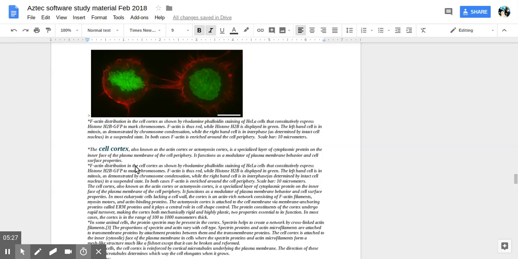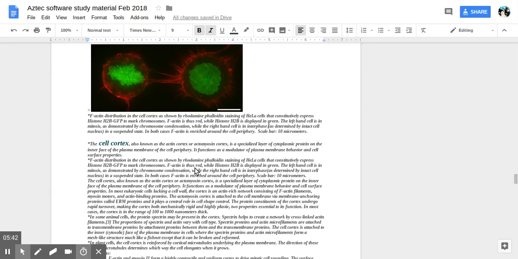So on the inside of the plasma membrane, on the periphery, you have the cell cortex functioning as a modulator of plasma membrane behavior and cell surface properties. So we just read that.